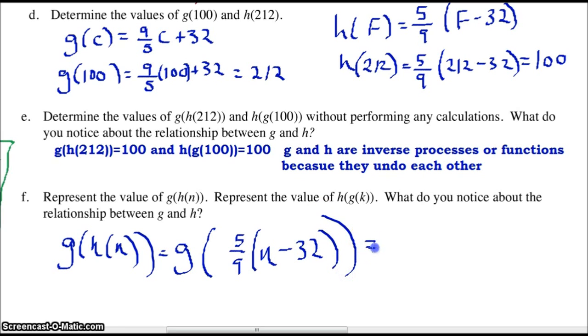Then we substitute this into the g function: 9/5 times all of this, plus 32.